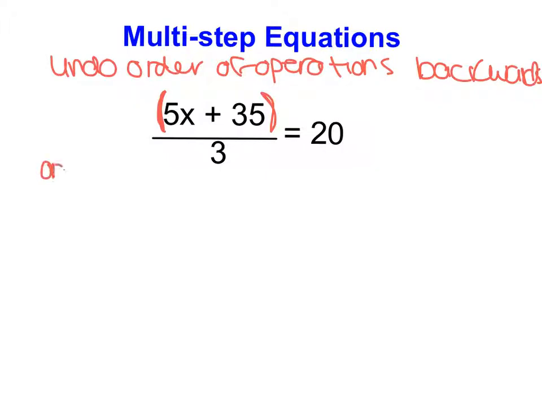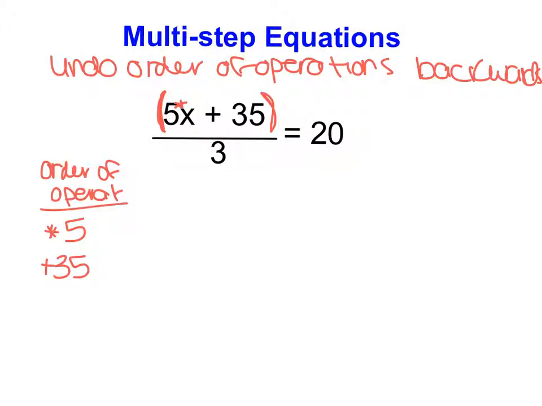Here I'm going to write out the order of operations for the left-hand side because that's where my variable is. If I knew the value for x, the first thing I would do is go inside of those parentheses and perform that multiplication of 5 with x. Once I had multiplied 5 and x, I would keep in the parentheses and add the 35.